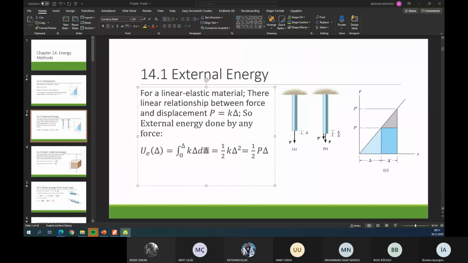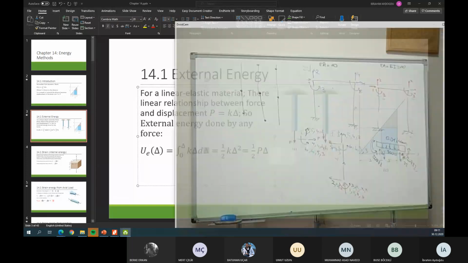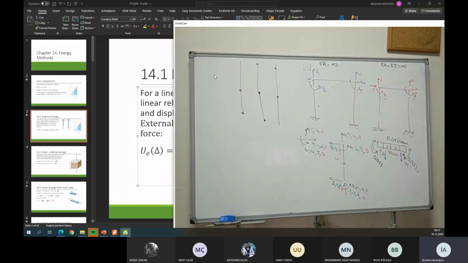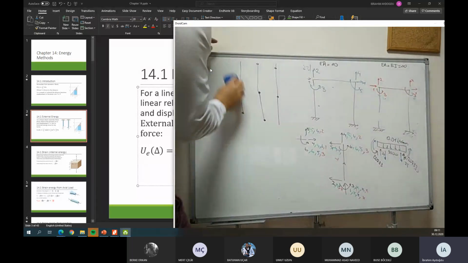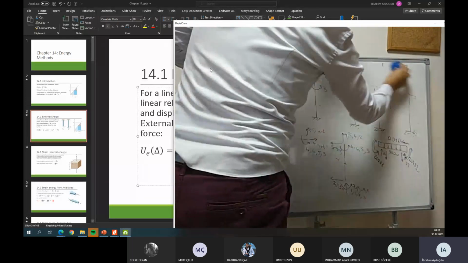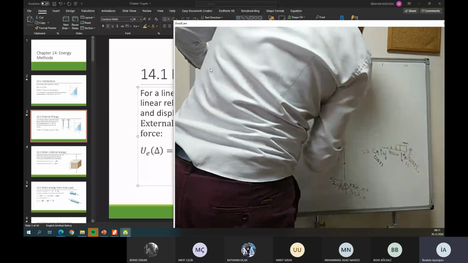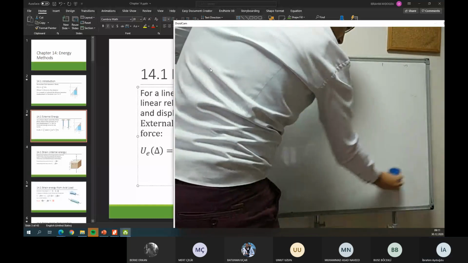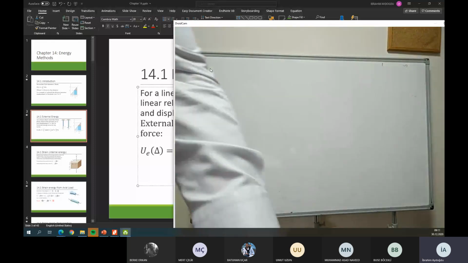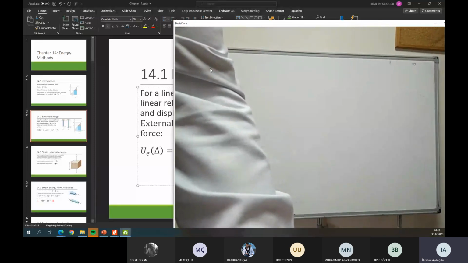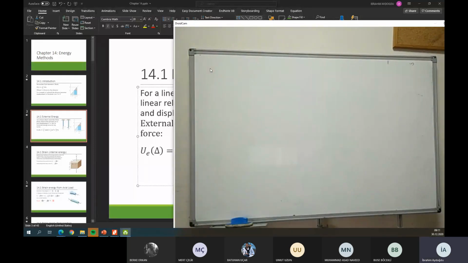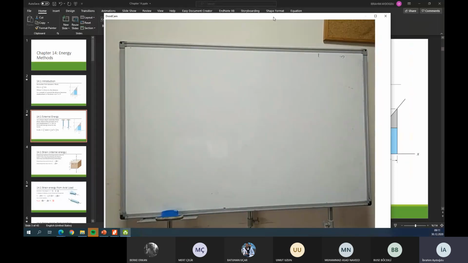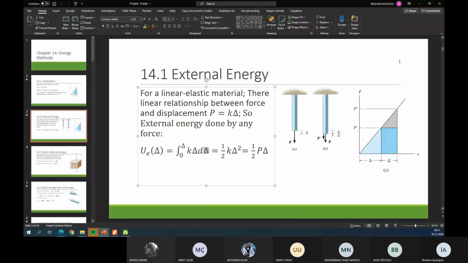Okay, I think you can see the whiteboard. First of all, I need to clean my whiteboard. A little bit soon. Yes, this one is better. Okay, my whiteboard is ready, so I can continue.